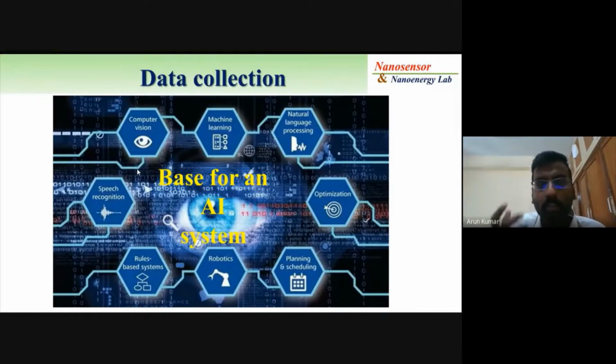But the students are not understanding the importance of sensors and data collection. So we have to make them understand about the sensor. That is the base.